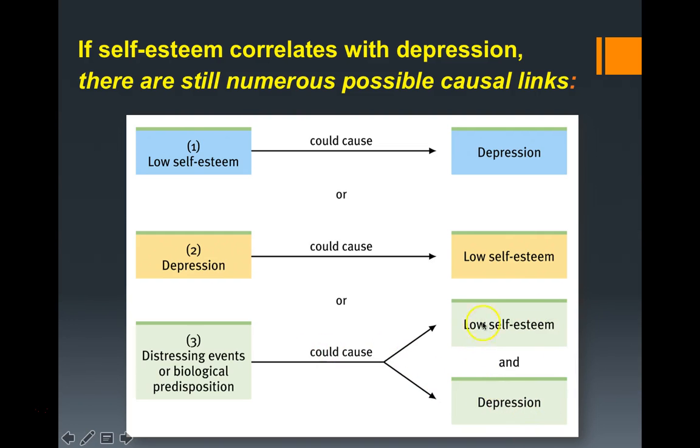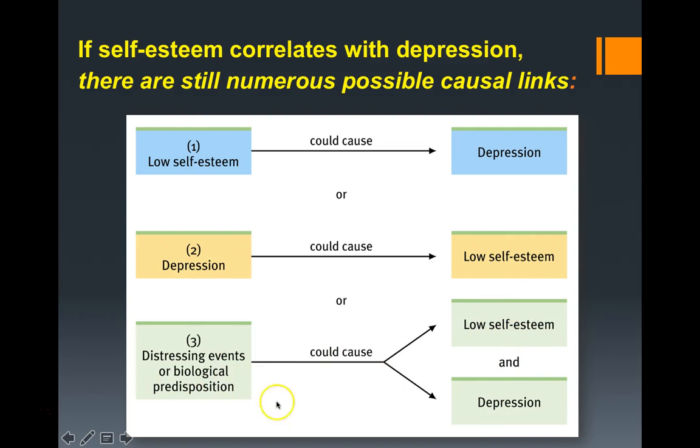So there's no cause-effect relationship going on here, but both variables are moved by a third variable in a direction that creates the correlation. This drives low self-esteem, this drives high depression, and we get a negative correlation.